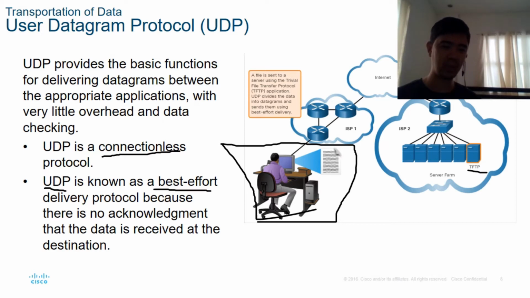That's why it's called best effort in delivering the pieces of segments. There's no acknowledgement, and there's also no sequence number in the User Datagram Protocol. The good thing with UDP is that it's faster compared to TCP, because there's little overhead, there's no acknowledgement, and there's no idle time.